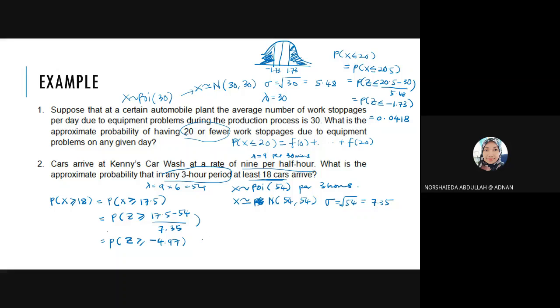Okay, and then refer to z greater than negative 4.97. So refer to the normal table. We need to do 1 minus z of 4.97. The probability is equal to 0.000002867. Okay, so 0.9999.